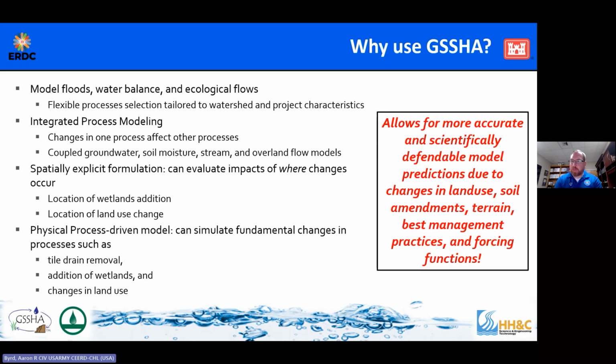So you need a physically based model to actually look at that and not just figure out what your transformation differences are, right? Because we're process driven, you can change processes and see those impacts, as well as the location. Because we're spatially explicit, for the same change in your watershed, you can look at where it happens and start to ask, okay, what's the difference there?